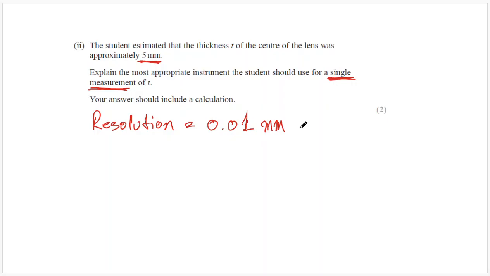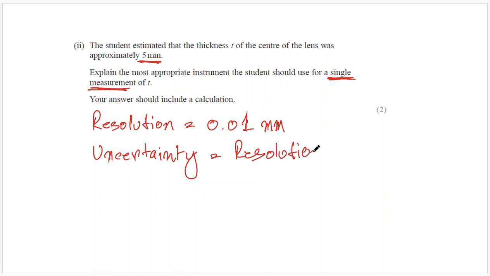And with this resolution, the uncertainty is resolution divided by 2. That is 0.005 millimeter.